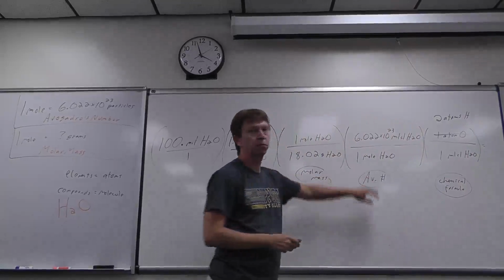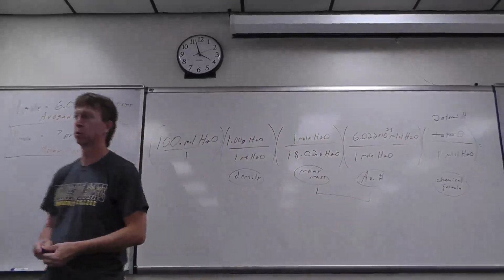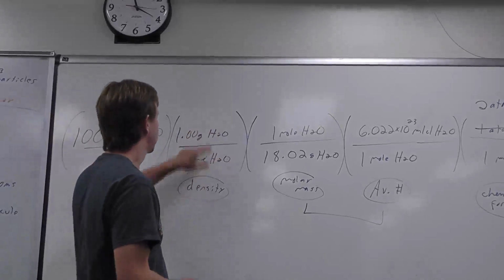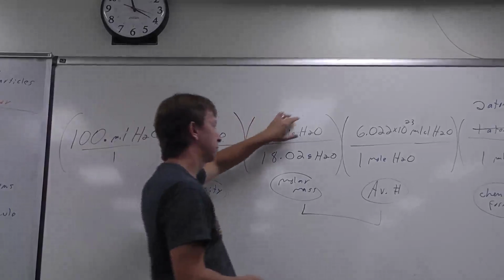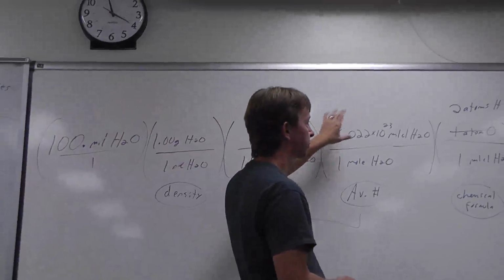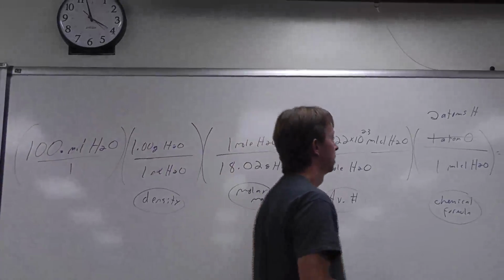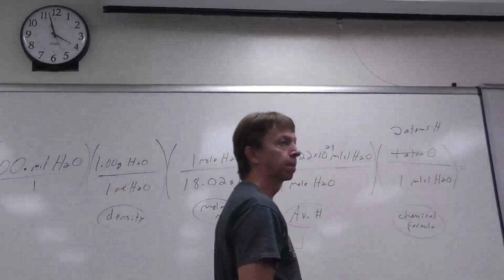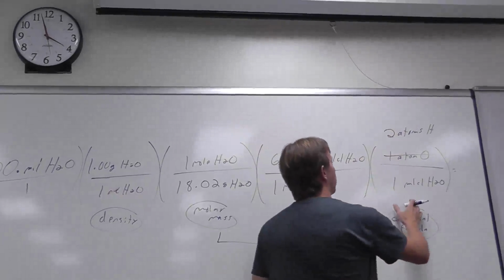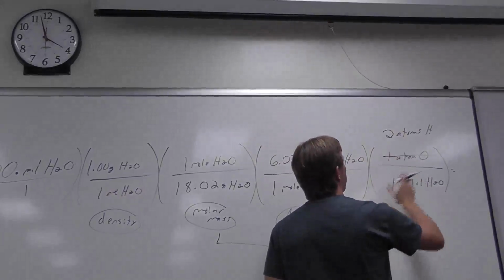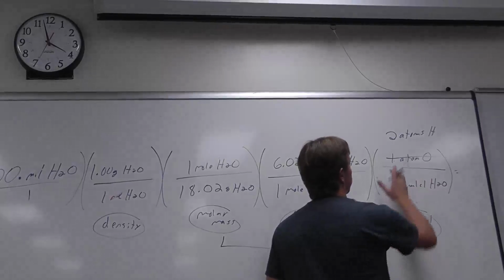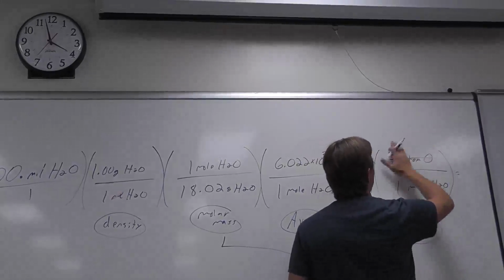But all of this previous stuff would be the same regardless. Because all of this stuff is dealing with water, milliliters of water to grams of water to moles of water to molecules of water. There's nothing in these first 3 steps that goes internal from molecules to atoms, right? And so if you're going from water to oxygen or water to hydrogen, that internal part is just in this one conversion factor. The rest of the problem is unchanged.